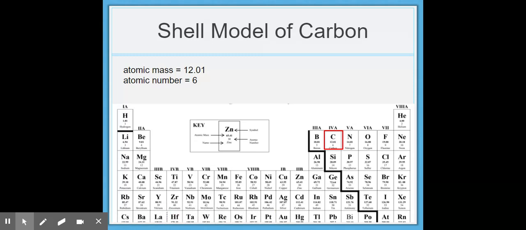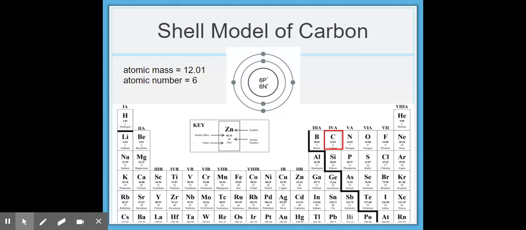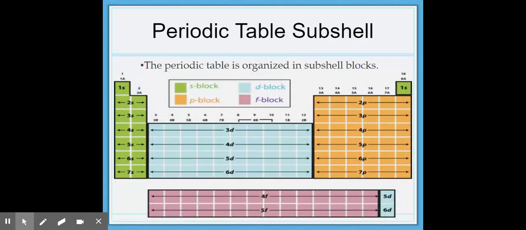That tells us we have about 6 protons, 6 neutrons, and 6 electrons. When we drew our shell model, we drew our 6 electrons on rings. 2 electrons could fit on the first ring, and then up to 8 could fit on the second ring. So in this case, we have 4 on the second ring. Again, this was a good intro, but it is a simplification.